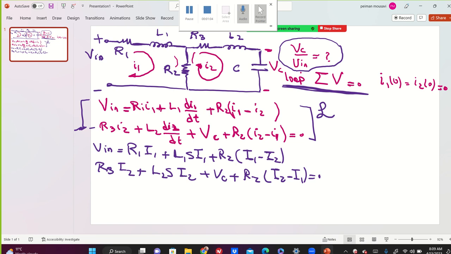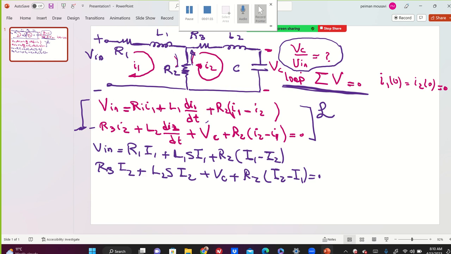Starting from the first loop, you have Vin equals R1 I1, because I1 is for up, plus the inductor L1 di1 over dt, plus R2, because R2 is shared between these two loops, so you have I1 coming down and I2 coming up: I1 minus I2.